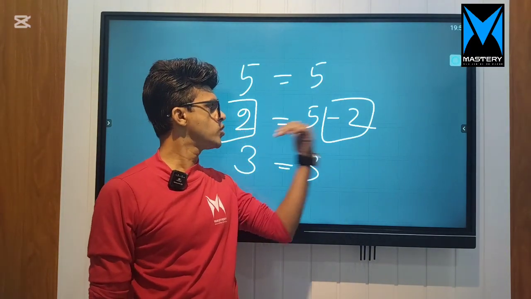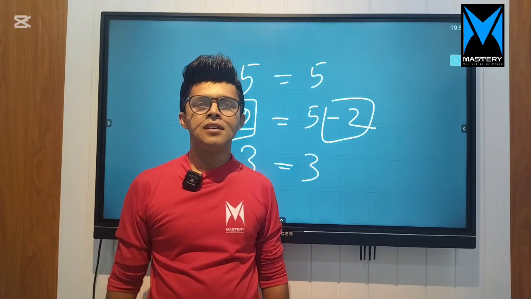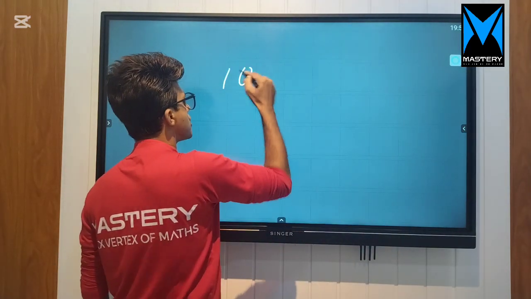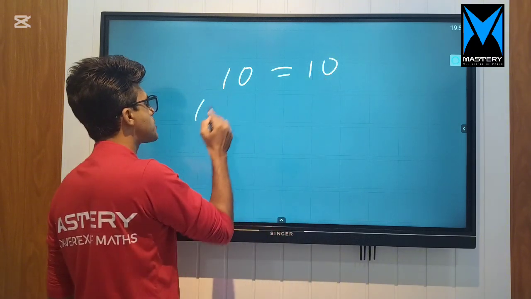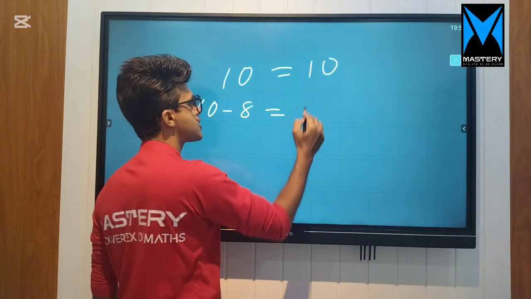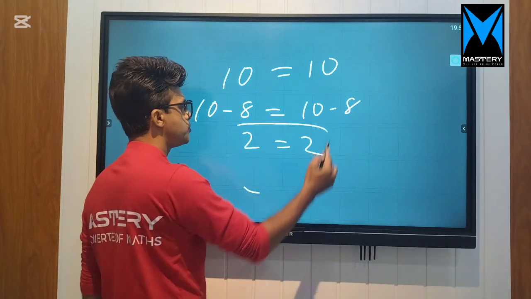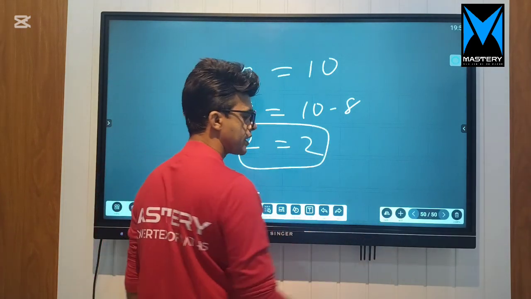Here I subtract 2, and here 2. Think of this one: 10 equals 10. I subtract 8 from both sides, the same digit from both sides. Then 10 minus 8 is 2, and 2 equals 2.